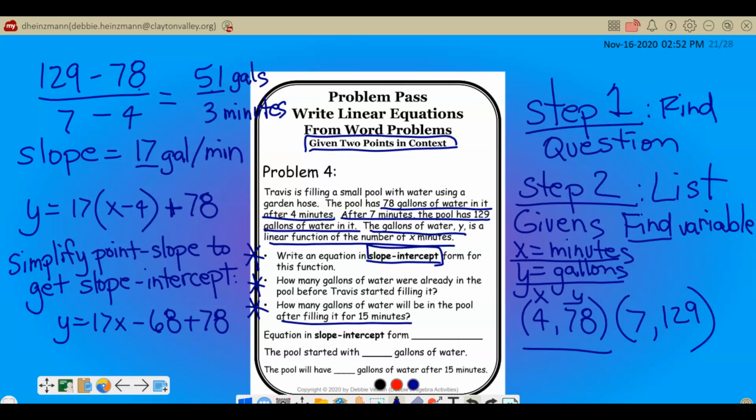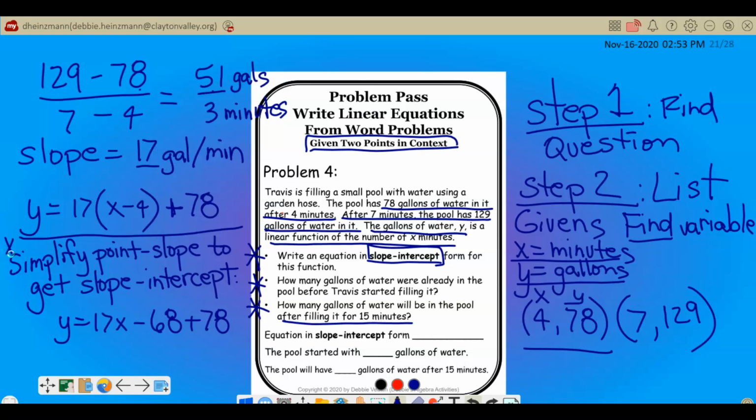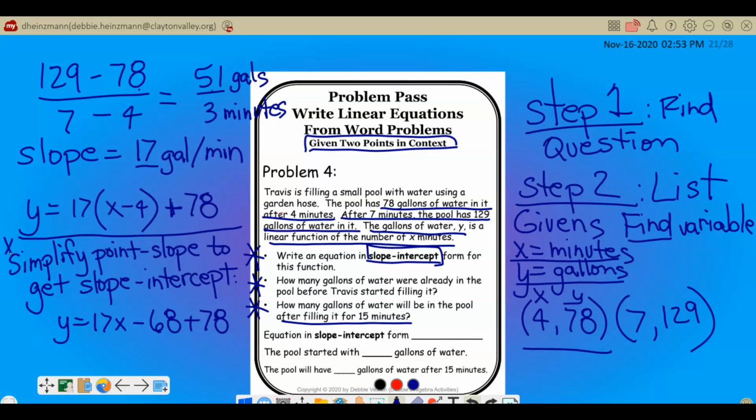Okay, so now we have our point slope equation written out, our h and k plugged in, and our slope plugged in. So you should know by now that when you simplify this form of a line, you end up with slope-intercept. So when I distribute and subtract 68 from 78, I am left with y equals 17x plus 10.